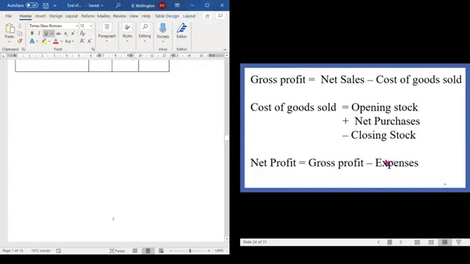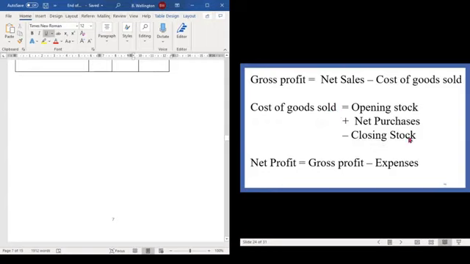Now your gross profit is calculated by subtracting the cost of sales from net sales. How do you arrive at the cost of sales or cost of goods sold? You add your opening stock to your net purchases to arrive at the goods available for sale, and then you subtract your closing stock. That gives you the cost of the goods that were sold.